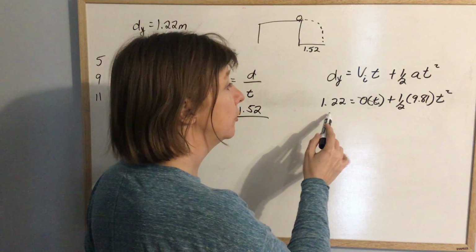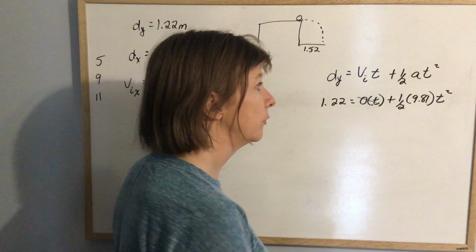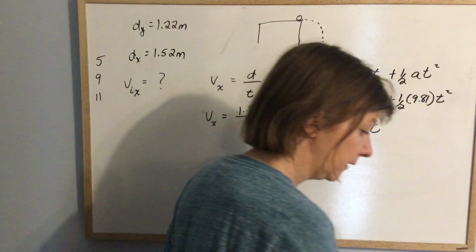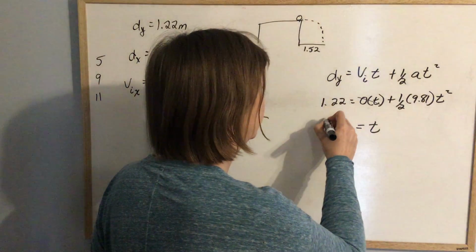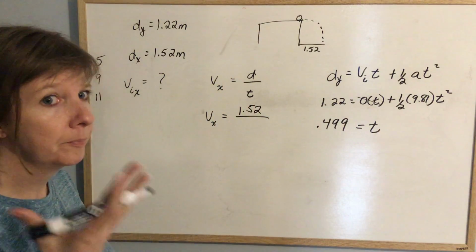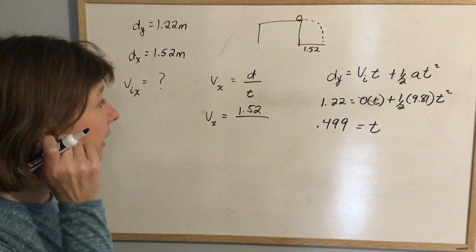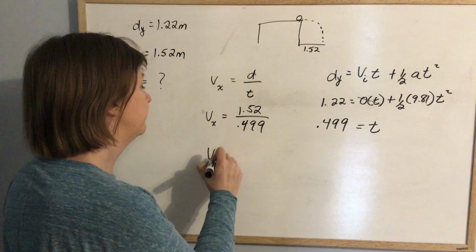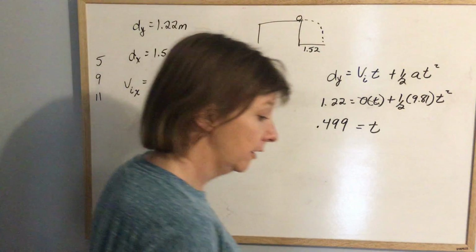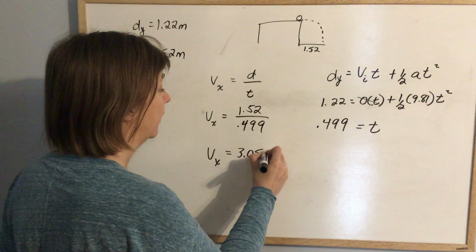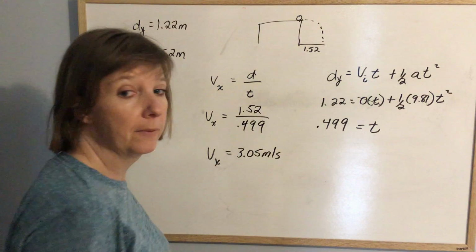So 1.22 divided by 4.905, and then take the square root. I got that t should be 0.499 seconds, so the ball is falling for almost half a second. So 0.499 goes here, and horizontally the velocity works out to be 3.05 meters per second. All right.